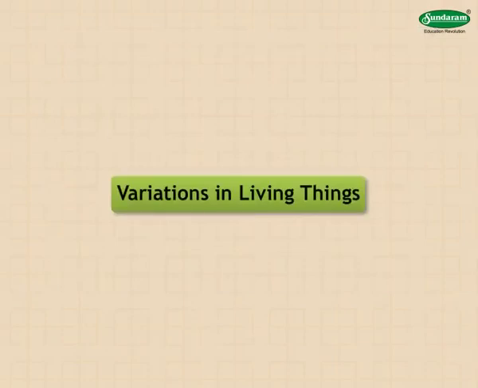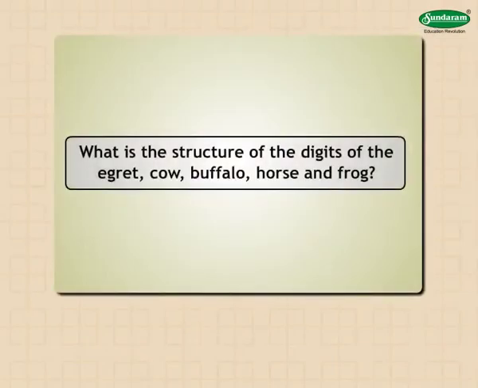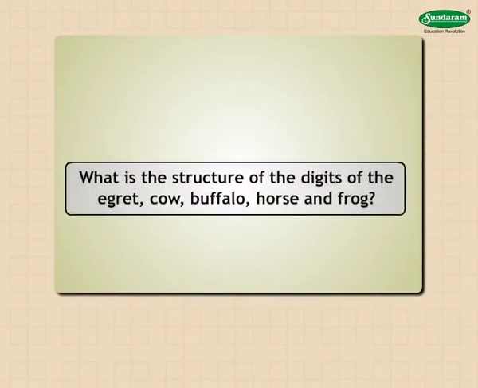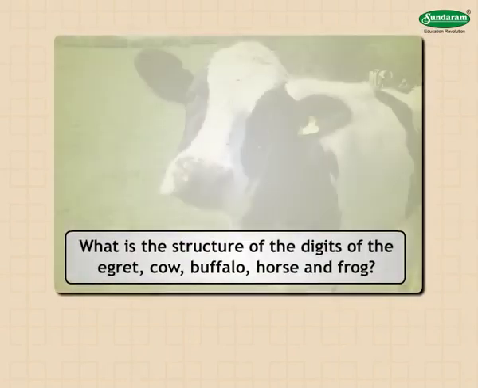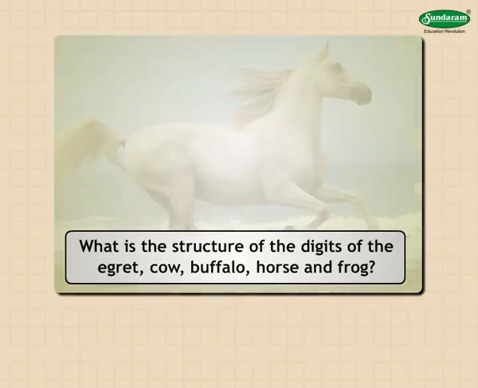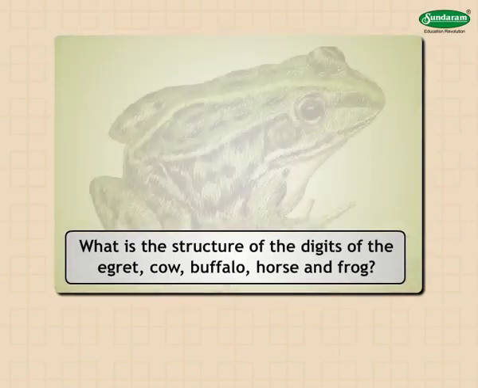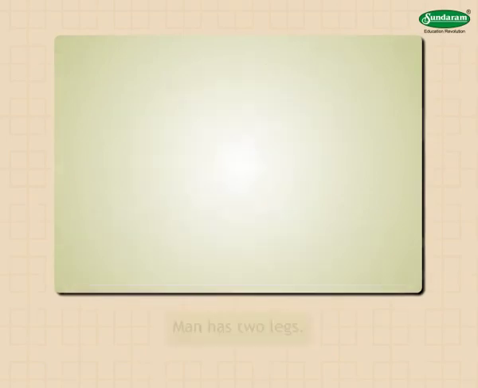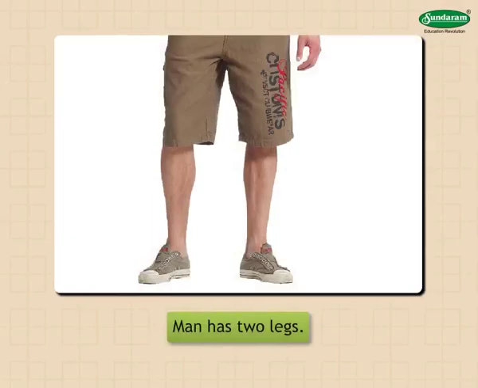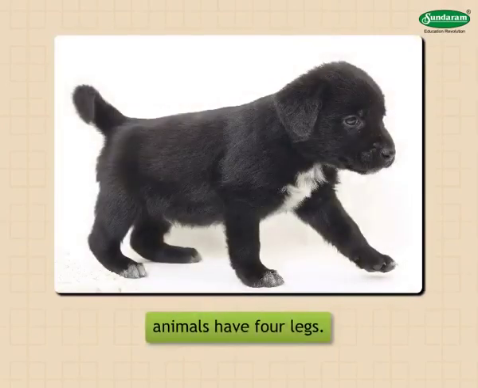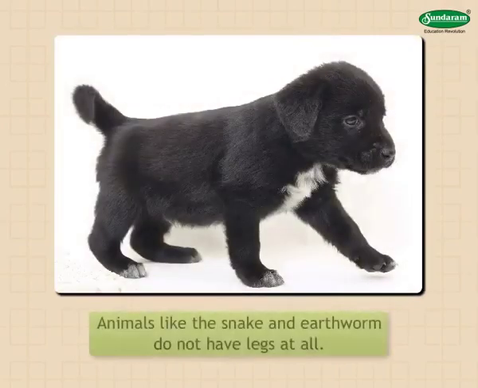In other animals, however, the thumb is with the other digits and cannot be brought in front of them. It is not opposable. Variations in living things. What is the structure of the digits of the egret, cow, buffalo, horse, and frog? The structure of the digits is different in different animals. Man has 2 legs. Many animals have 4 legs.